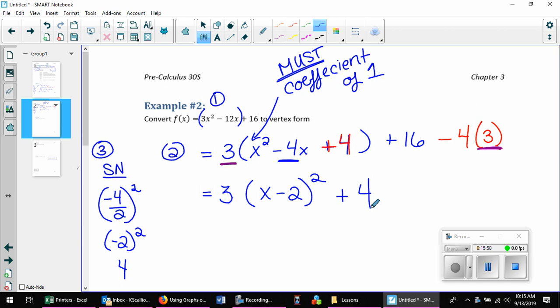Does anybody recognize a connection? Does anybody want to see a connection between your side note and your vertex form? Anybody see a connection? I think I know where you're going.